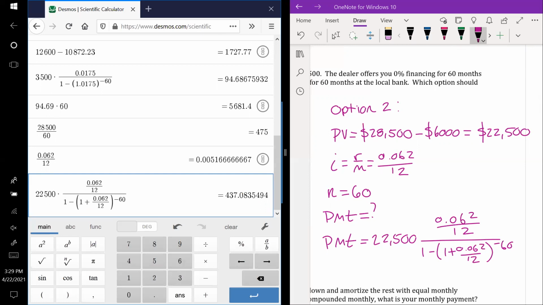And if we go with option 2, our payment will be $437.08.